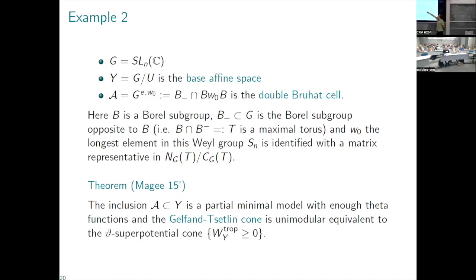So it's just a cell inside the base affine space constructed from a Borel subgroup and its opposite. And in that paper, McGee showed that the Gelfand-Tsetlin cone associated to this framework is actually unimodular equivalent to the theta superpotential cone. I mean, it's not so easy to explain in a 45-minute talk, because it's a kind of long paper, this one.